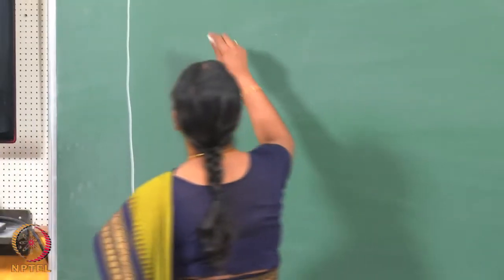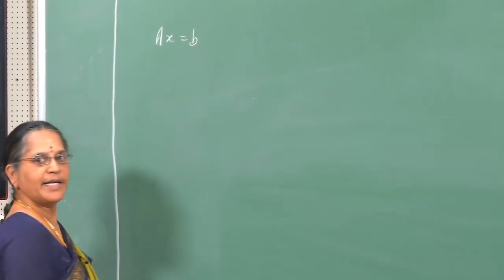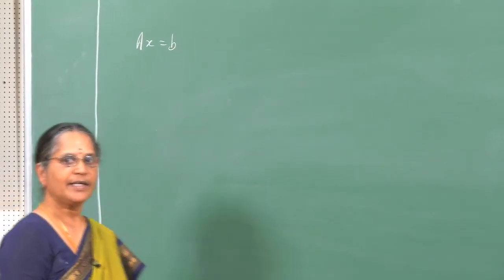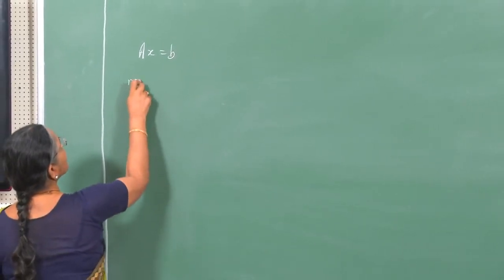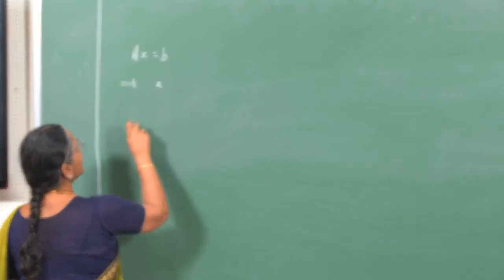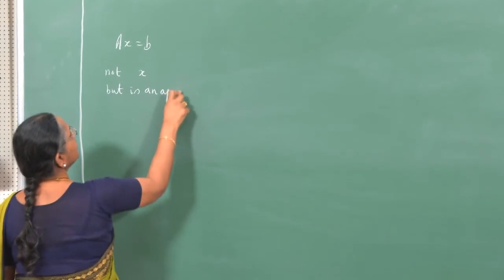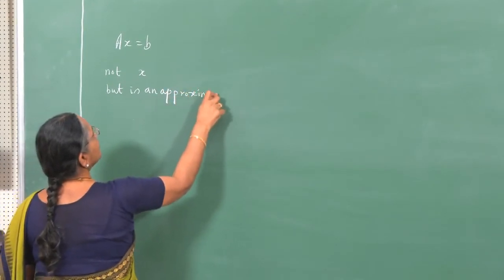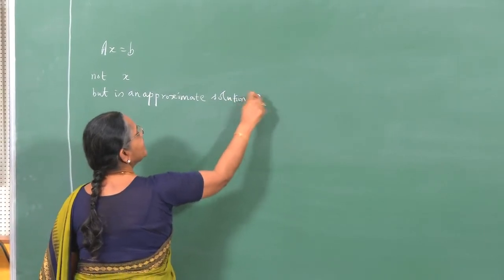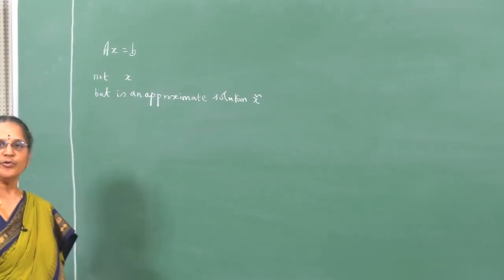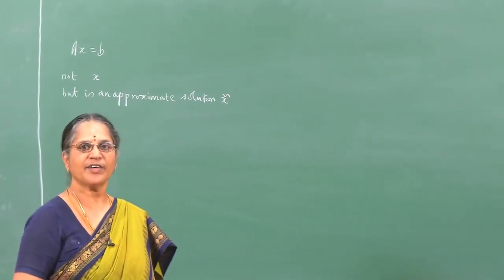So, when we solve the system A x is equal to b by direct methods, the solution that we obtain is not the exact solution x, but is an approximate solution which we denote by say x tilde, due to the round off errors which are incorporated at any stage of our computation.